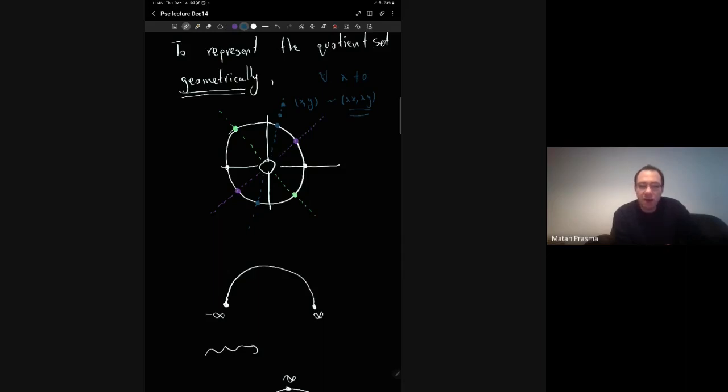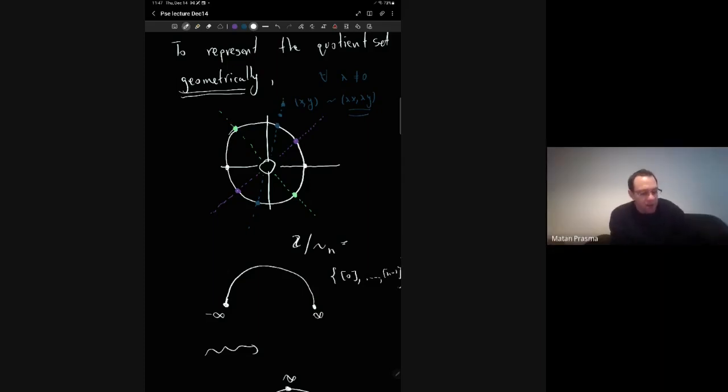But to get a better presentation of the quotient set, I would like to have unique representation, or as unique as possible, for the equivalence classes, just like I did with integers modulo n. I wrote it as the equivalence classes of 0 up to n minus 1. And I want to do the same here.